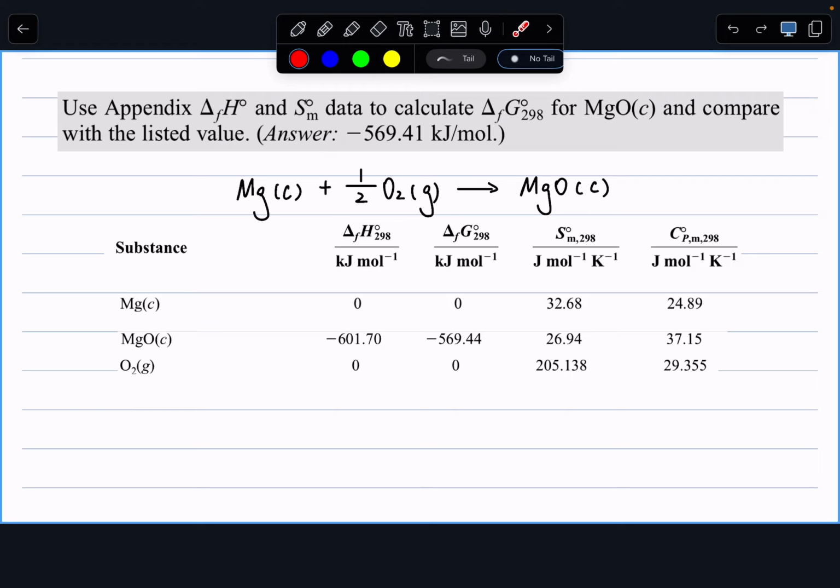What about the delta F, the standard conventional entropy of formation? So the delta F S naught of 298 of magnesium oxide. Remember this equals the sum of my stoichiometric coefficient times the molar standard conventional entropy. That's the stoichiometric coefficient in the formation reaction.